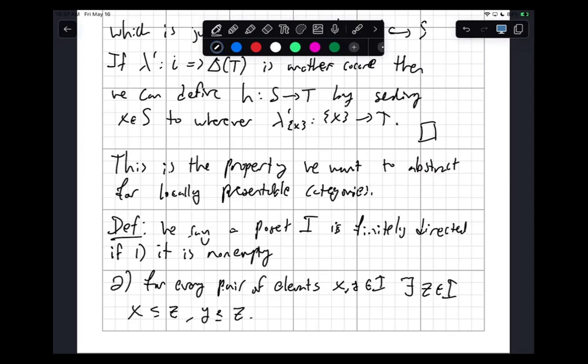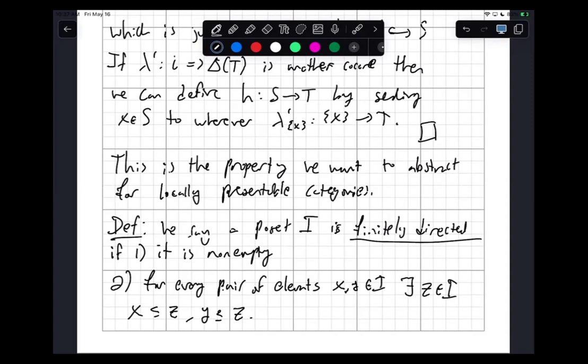So that means every two elements in my poset might not be comparable, but there's always something where they move up to. Like in lambda calculus, you'd call them confluent. Yeah, something like that.